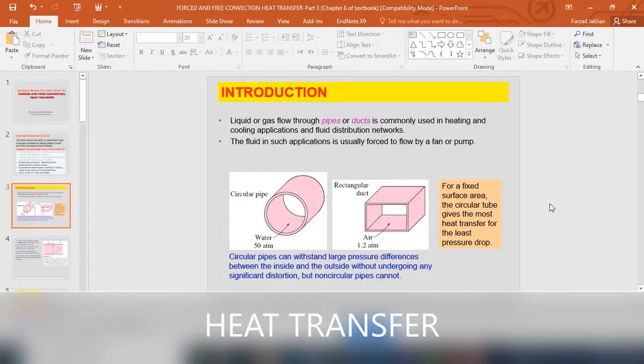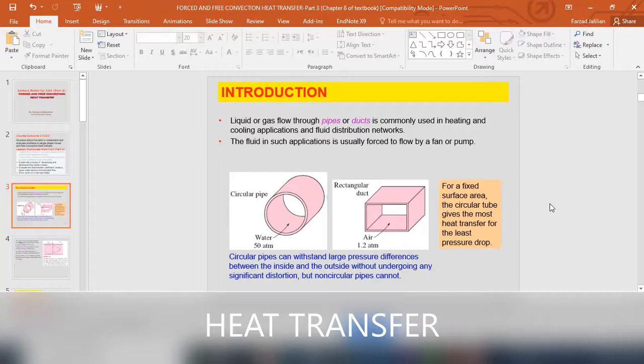This kind of heat convection, heat transfer, is mainly used for the heating of a house, for example. I think you have seen some heaters which use pipes, and the fluid, or water, goes through those pipes and increases the temperature of the surroundings.